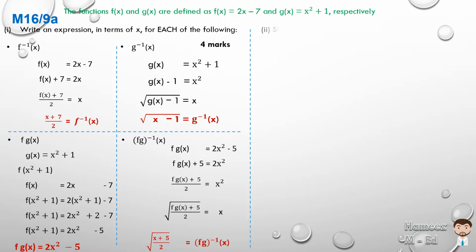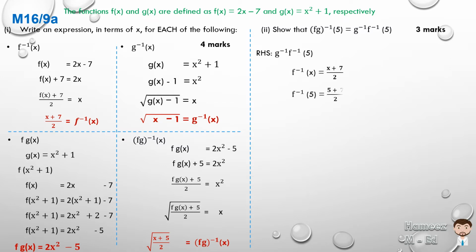Part 2, show that fg inverse 5 is equal to g inverse f inverse 5. So let's use our right-hand side, g inverse f inverse 5. So we first work out f inverse 5. So let's write the function f inverse x, which we previously got, which was x plus 7 all over 2. So f inverse 5 is 5 plus 7 all over 2. 5 and 7 is 12, 2 into 12 is 6.